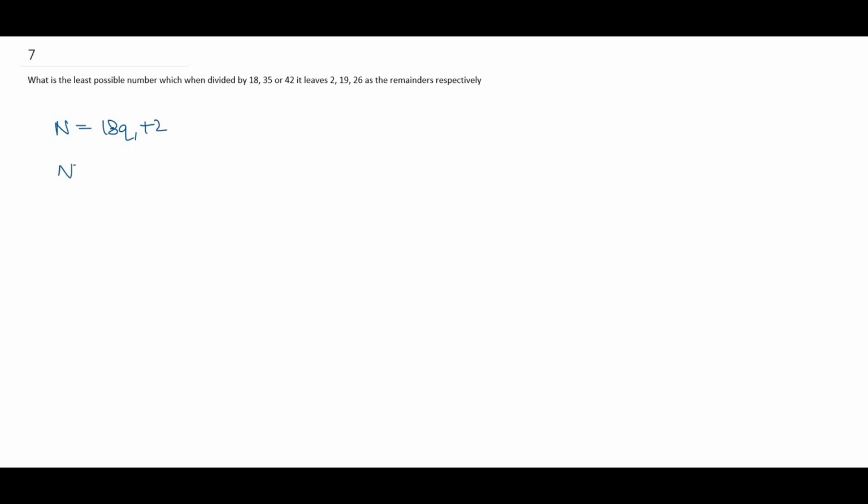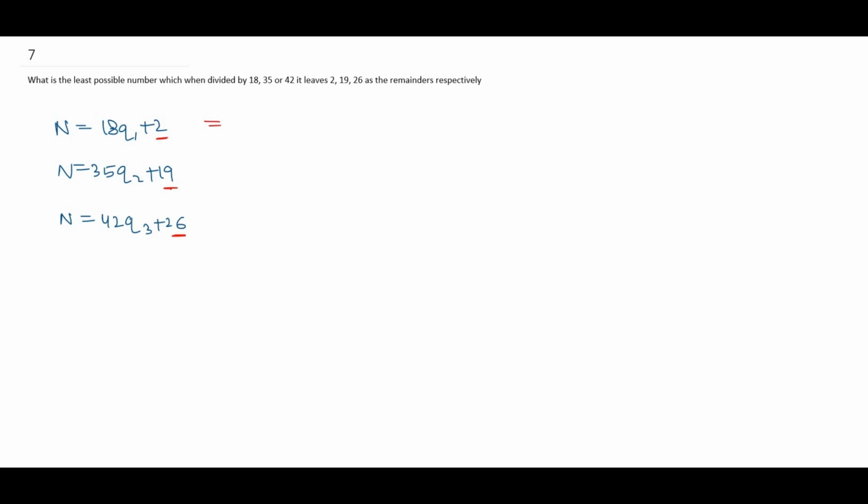It is again N equals 35 times Q2 plus 19 and N is 42 times Q3 plus 26. That is, we have to now evaluate N from these three equations.